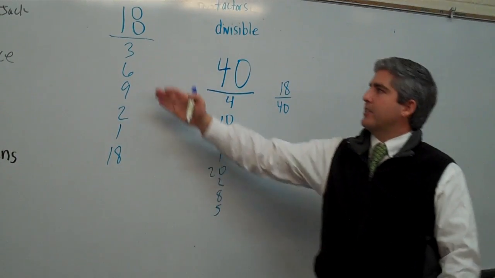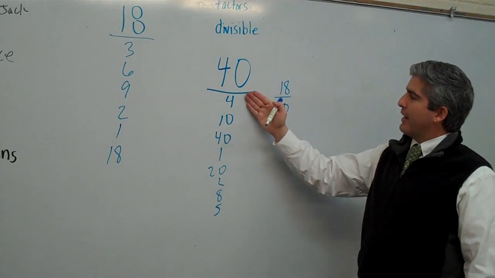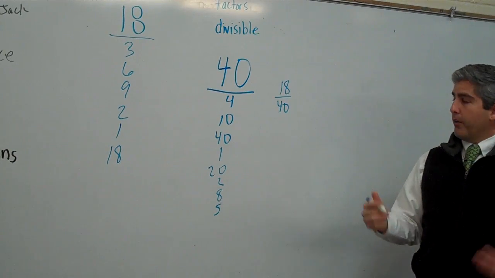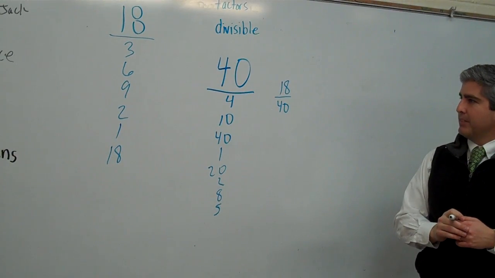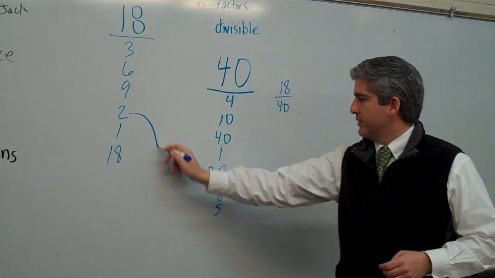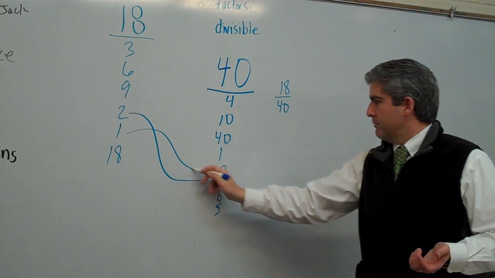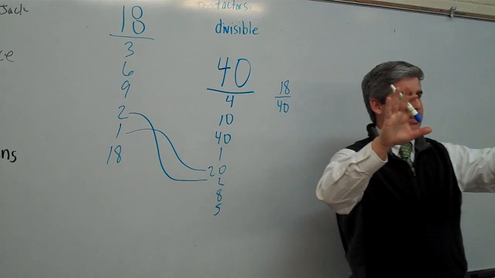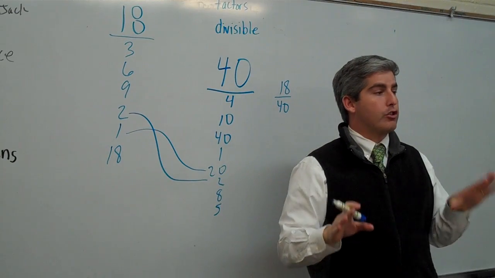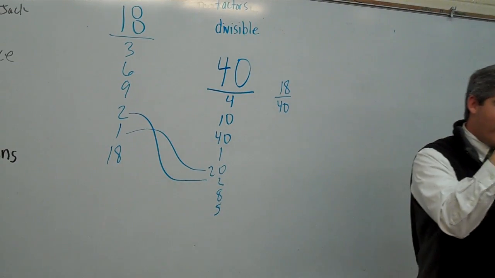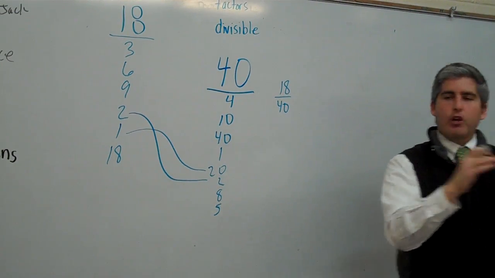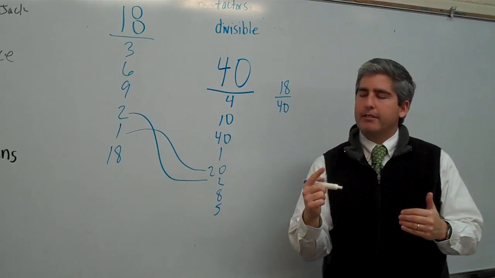So looking at the factors of 18 and the factors of 40, are there any common factors? Yes, you got 2. And 1. If you put any two numbers together, 1 will always be a common factor. Your goal is to get your fraction reduced to where the only common factor is 1.